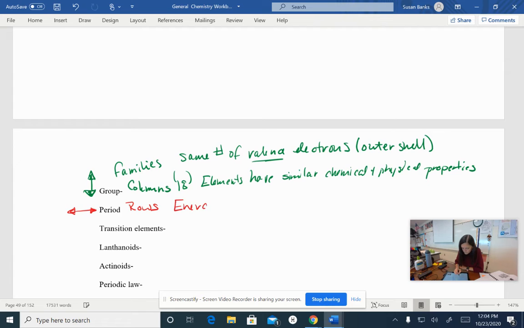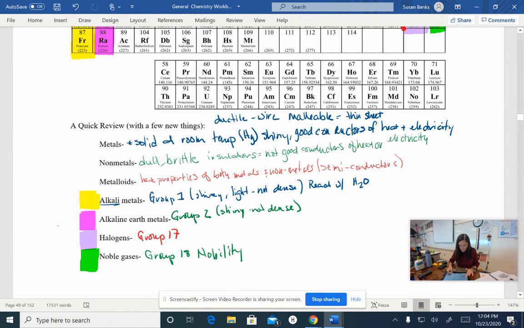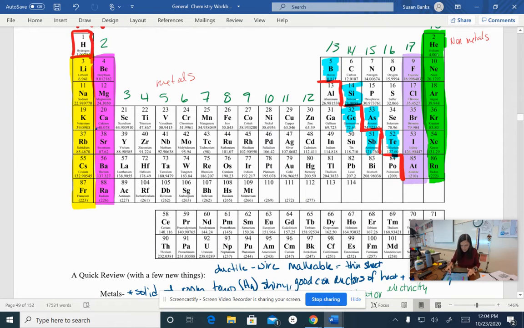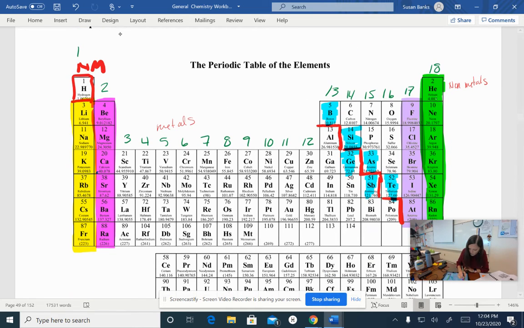And you'll see that we have 7 of them on the periodic table. So let's go and label those on the periodic table. Okay, so we have 1, 2, 3, 4, 5, 6, and 7.